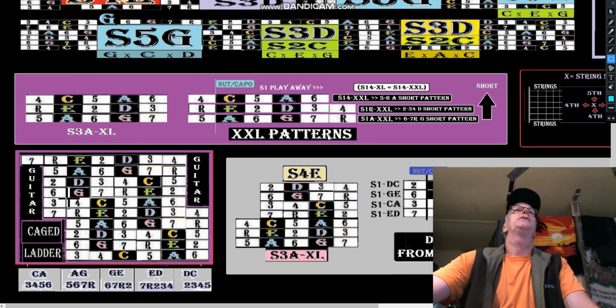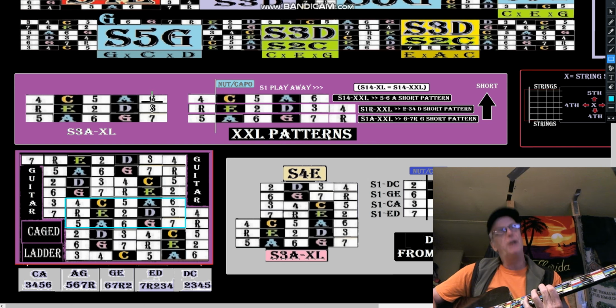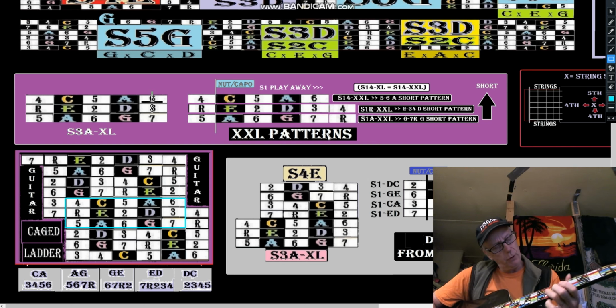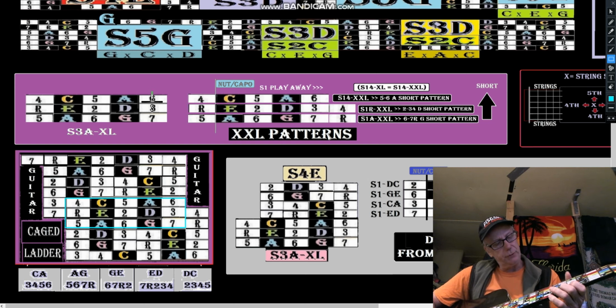Here's our S3AXL, and really it's just sitting there in the middle of a double string shaped pattern stack, the caged ladder. 3, 4, 5, 5, 6, 6, 7 root, 7 root 2, 2, 3, 4, 3, 4, 5, 5, 6, 6, 7 root, and then warp up to that 7, 7 root 2, and then 2, 3, 4, and then 3, 4, 5, 5, 6.